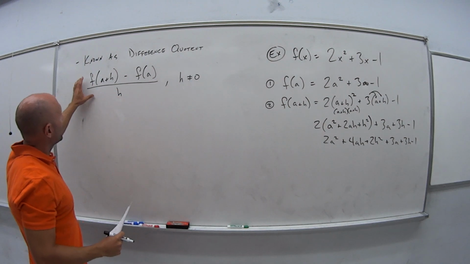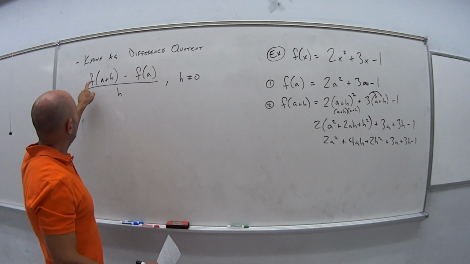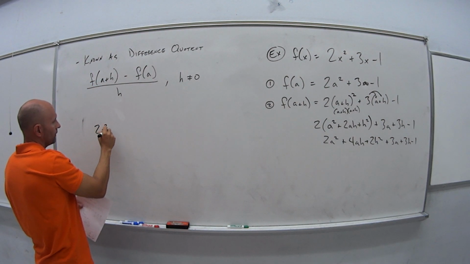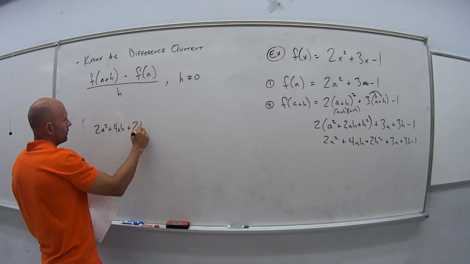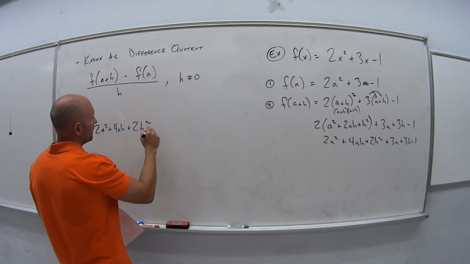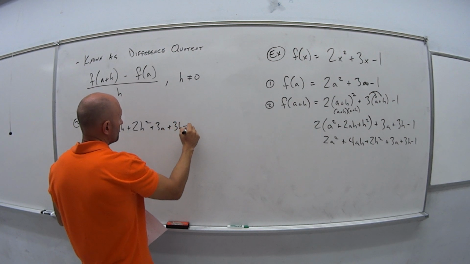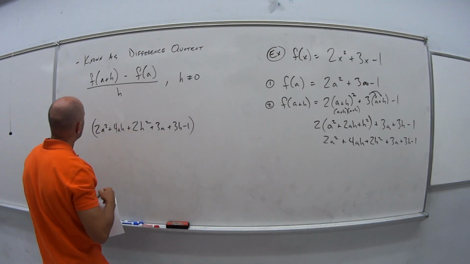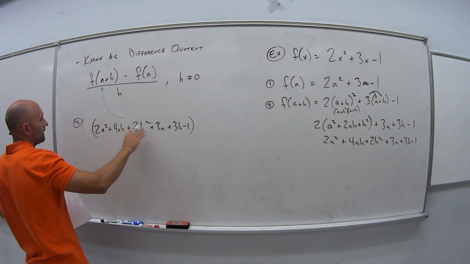So now to do the difference quotient with this function, I have f of a plus h, which is that last line, so 2a squared plus 4ah plus 2h squared, let's call this step 3, plus 3a plus 3h minus 1. This one is f of a plus h.